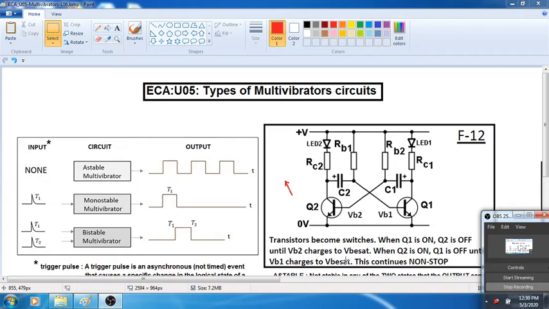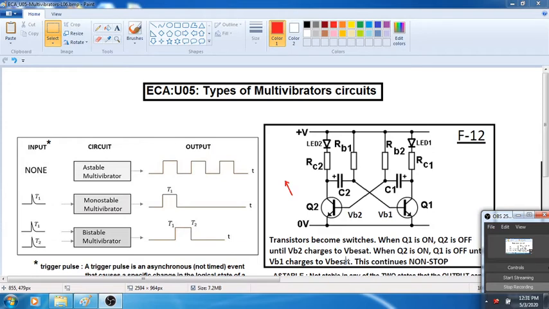So in today's lecture we will be formally introduced to the most important types of multivibrators that we will be using in most of our systems in the electronics field.